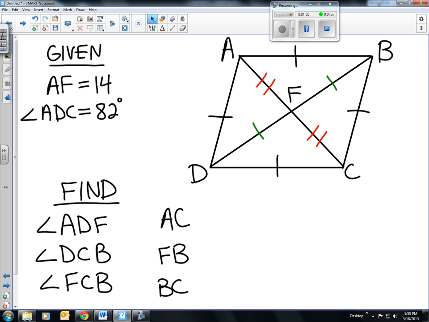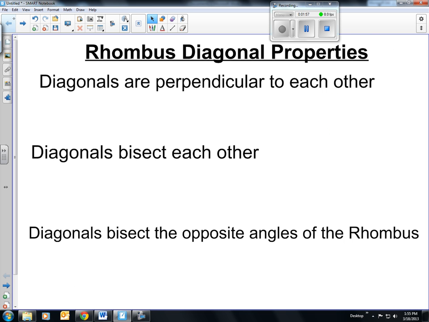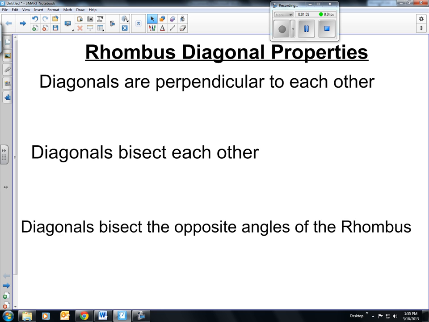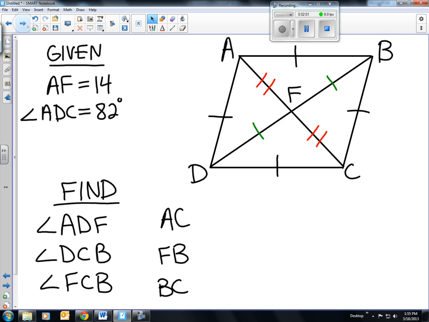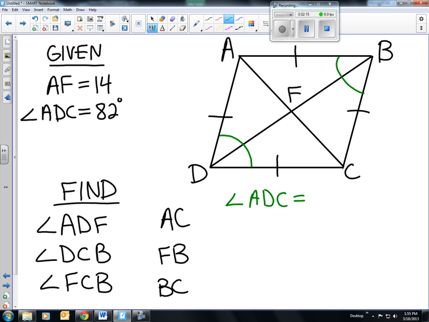And the third property is that the diagonals bisect the opposite angles of the rhombus. So here's what that means. We already know that angle ADC is congruent to angle ABC. We know that because that's a property of parallelograms.